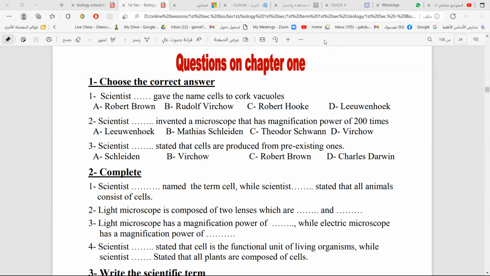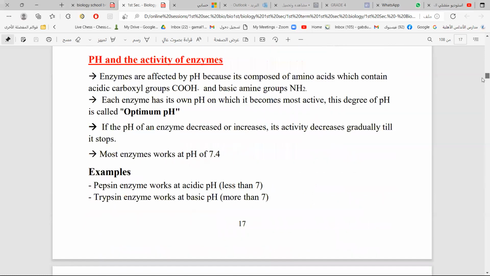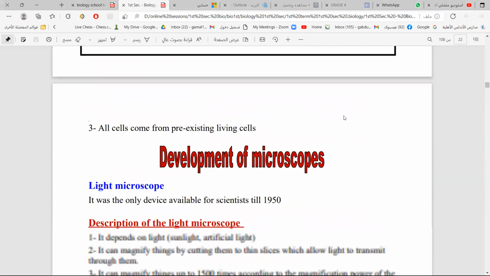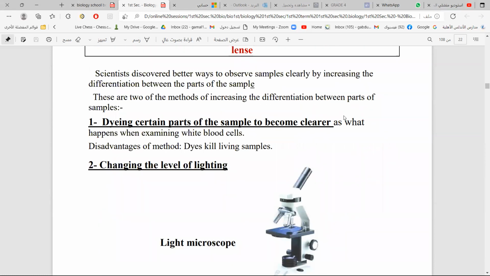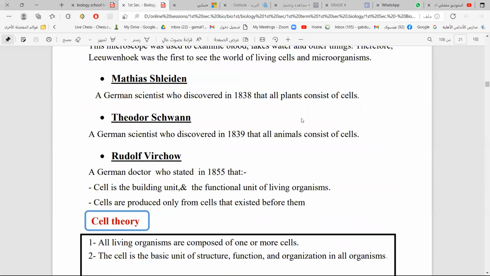Cell is a functional unit, so it will be Robert. Let's see. The functional unit. Here it is, Rudolf Virchow. Okay. The cell is a functional unit, said by Rudolf Virchow.